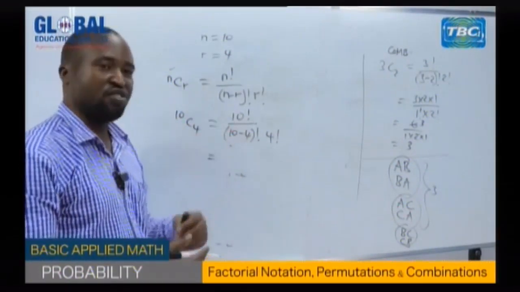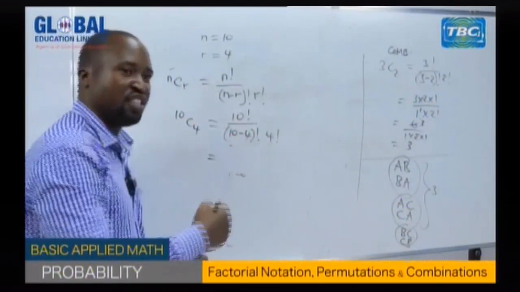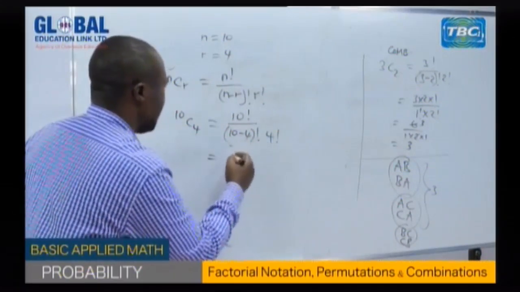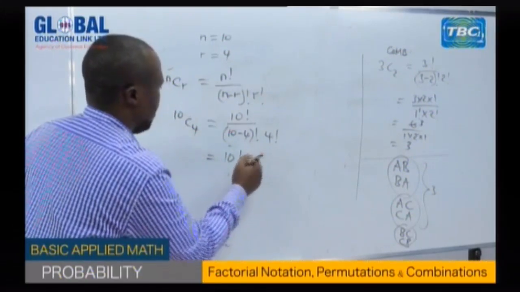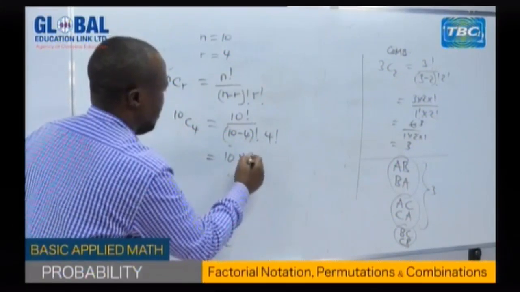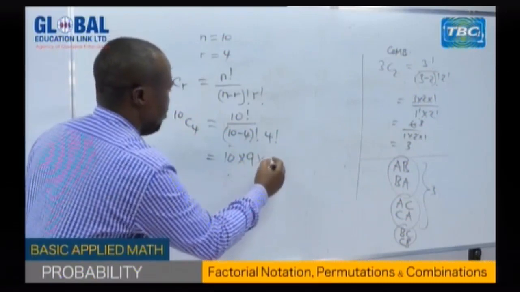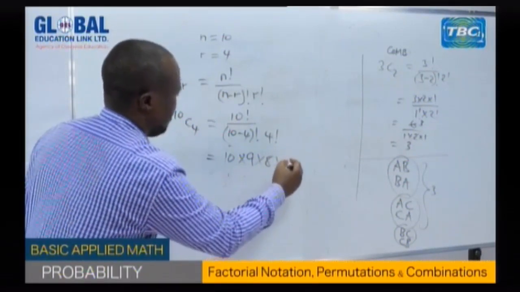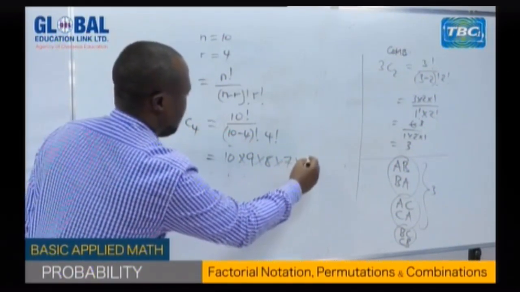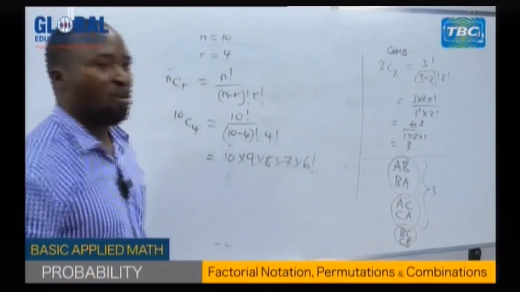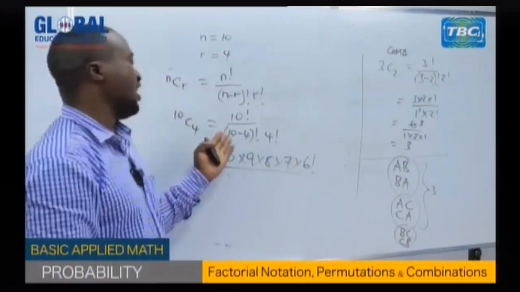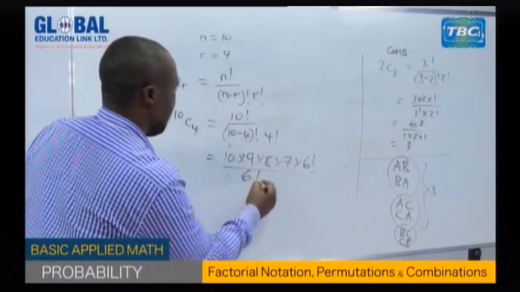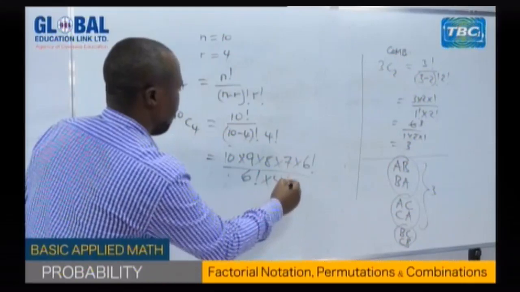Remember the expansion for 10 factorial by using the definition of factorial. That is, we have 10 factorial, that is 10 times 9 times 8 times 7 times 6 factorial. Why 6 factorial? Because we have 10 minus 4, that is 6 factorial times 4 factorial.